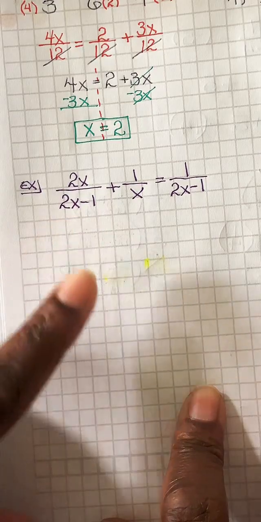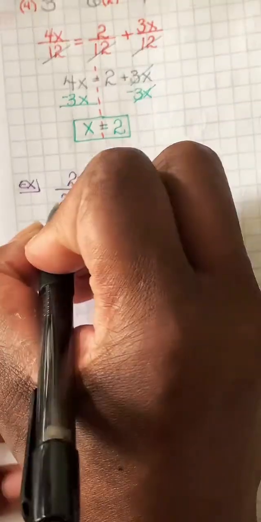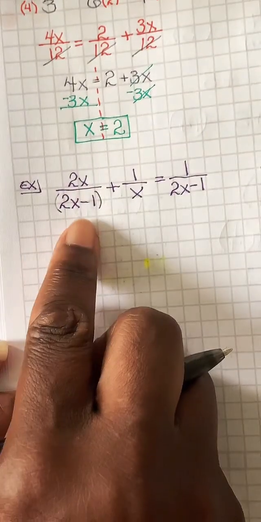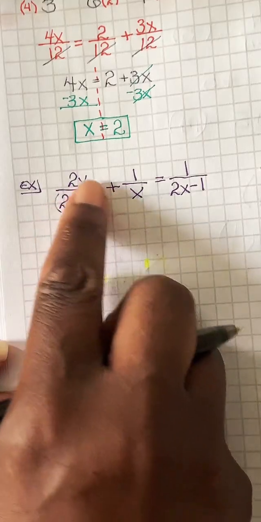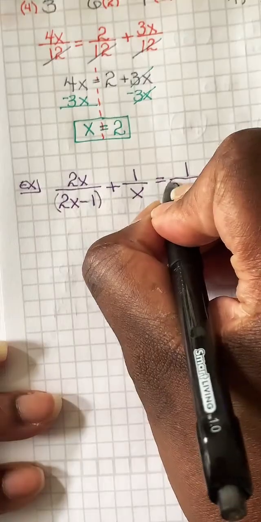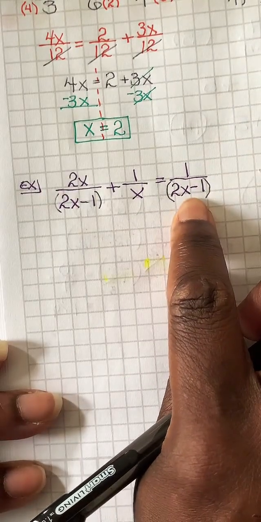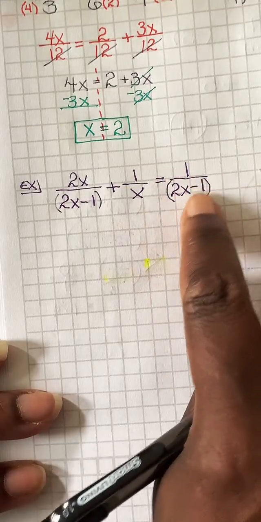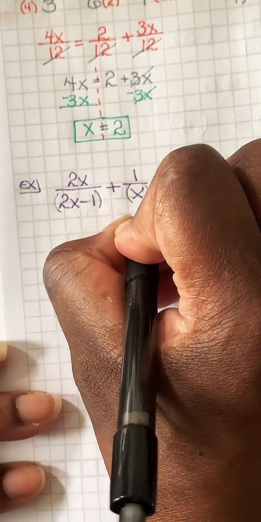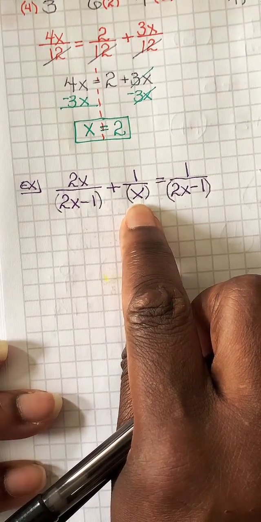But we have to remember that this 2x minus 1 is representing a number, so that's considered all together. Same for this 2x minus 1. That's representing a number, so that's all together. And even this lonely x, that's representing a number.